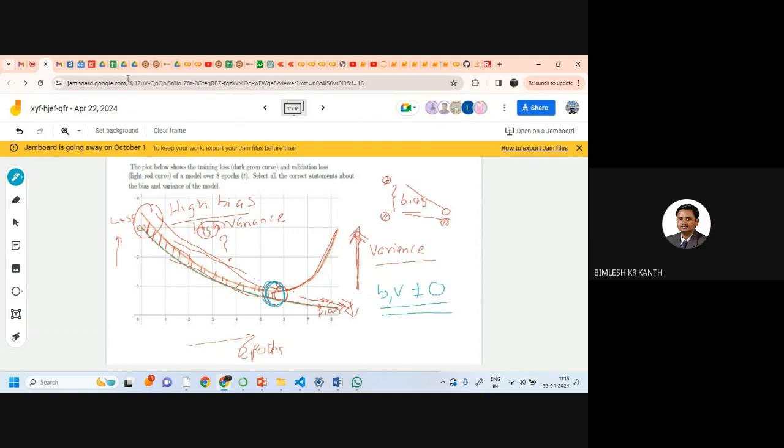If noise is there, which is always there in all data, then bias and variance cannot become 0. Otherwise it would have come here, and loss would have become 0.